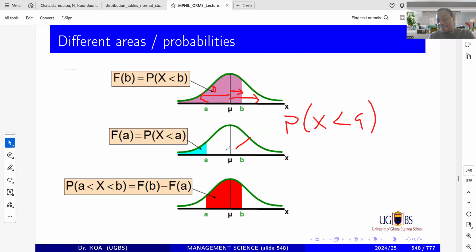You cannot just get up and find the area. Remember, we start from the center and move to the left, and start from the center and move to the right. So if I move to the left, it means I'll rather find this white area first. That's what I will get. Then you subtract the answer from what? You can tell us. Once you find this white area, you subtract the answer from what?